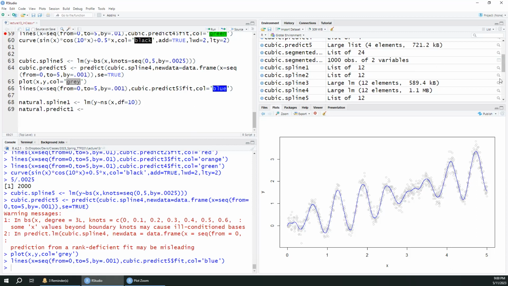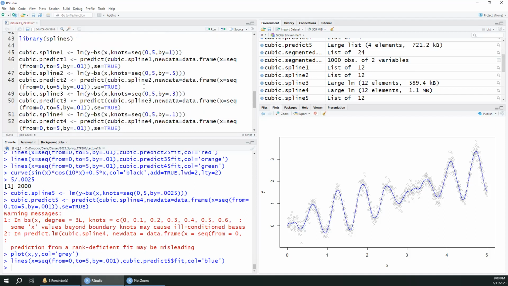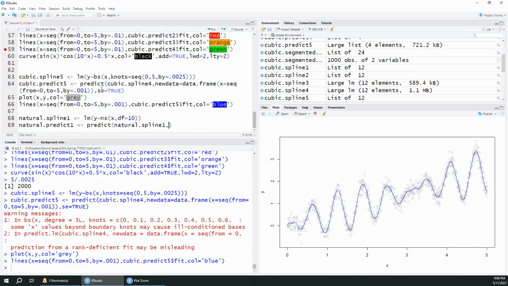And we can predict using this model with 10 degrees of freedom, or about 10 knots. And I will use the same predict that I had from up here.